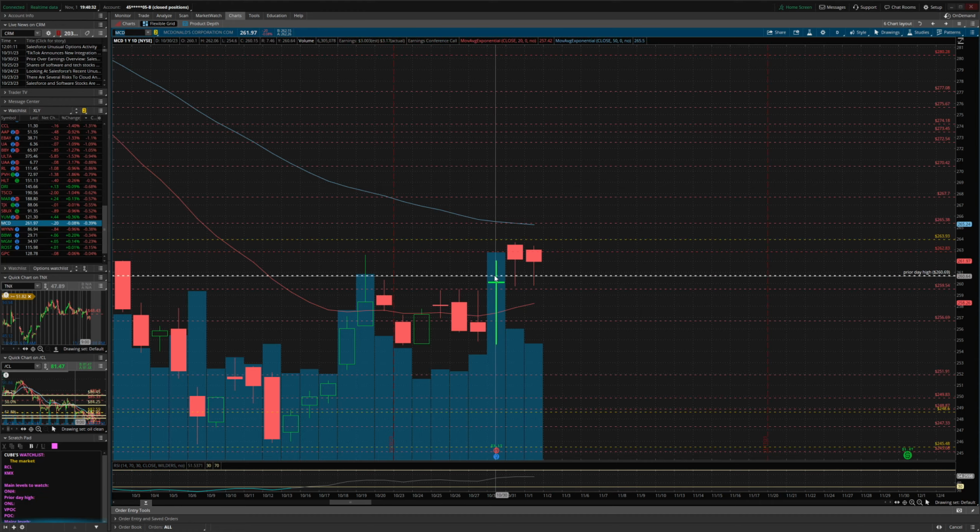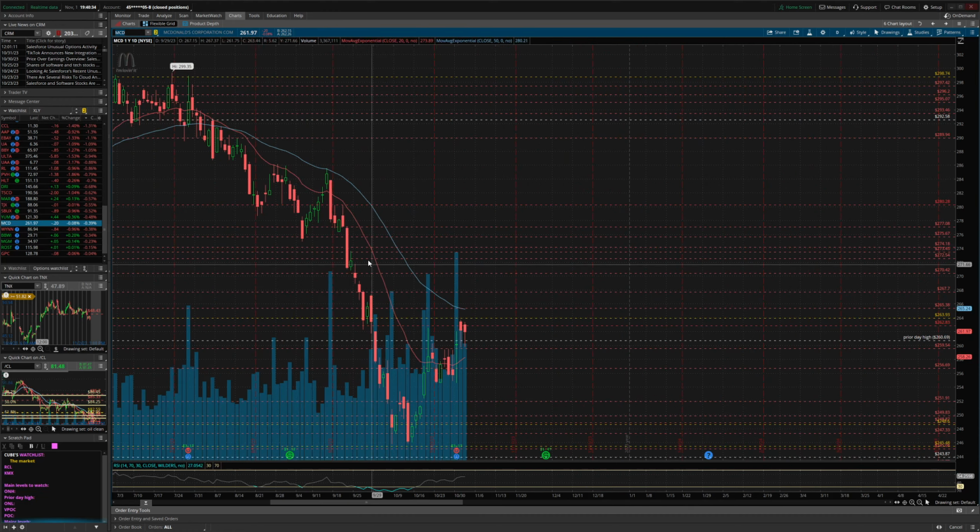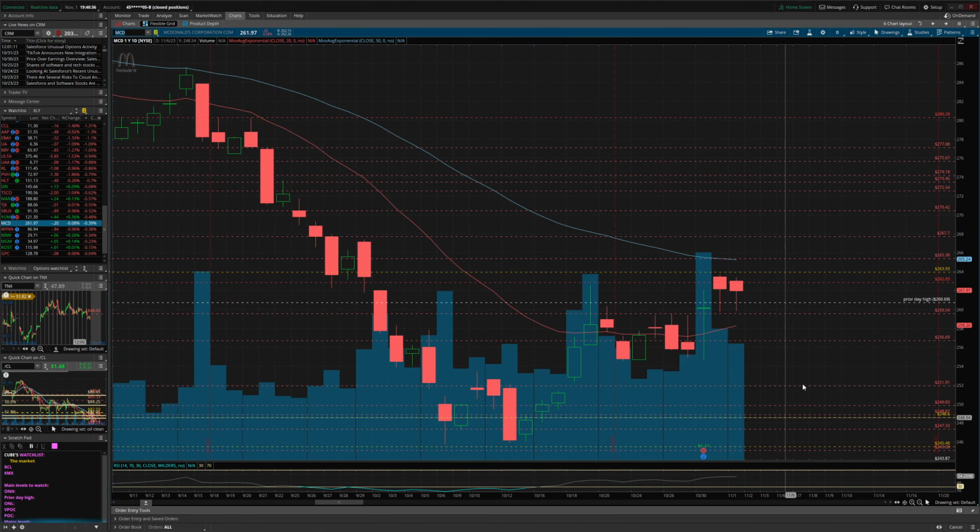Oh yeah, I did it a couple of candles ago. You can see it. I can see if tomorrow pre-market trades about this high, I can see this pushing into the daily 50 MA. So I'm gonna keep an eye on McDonald's. I like this.